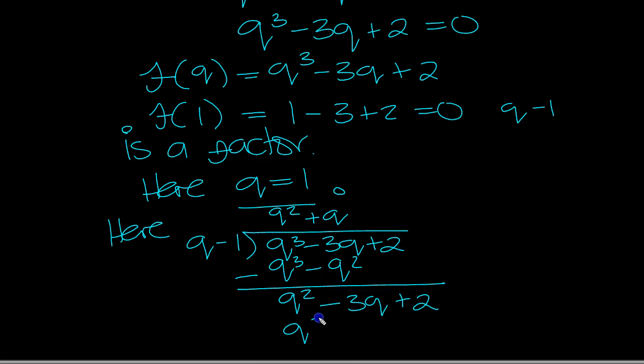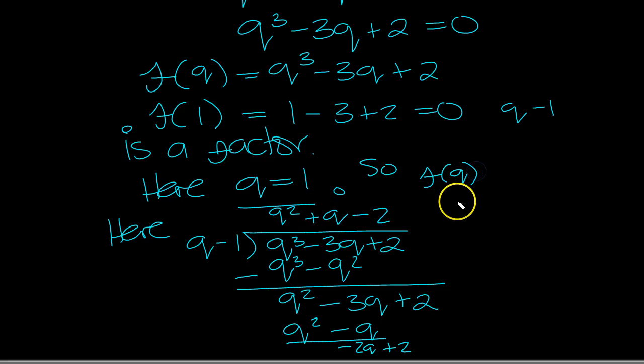That will give us q squared minus q. Take that away. And we end up with minus 2q. So we get that minus that, we get minus 2q plus 2, and then I'm going to put minus 2 here, and that will cancel that. I'm not going to write that down. So here we've got this.